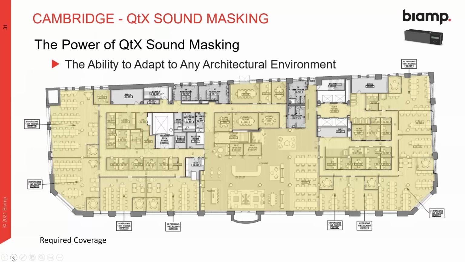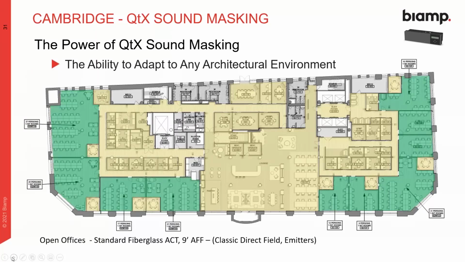So I'm going to look at it, I'm going to evaluate it, and I'm going to say, okay, as I see on your floor plan here, I've got open office architecture on each end of this floor plan, and that open office architecture has a standard 9-foot ACT fiberglass ceiling.